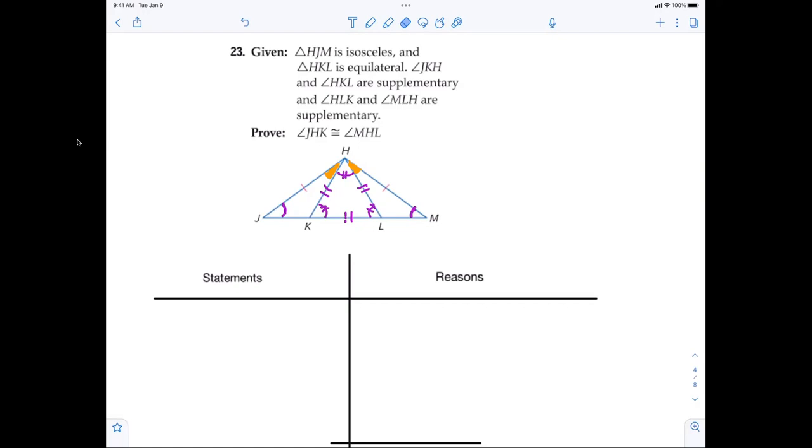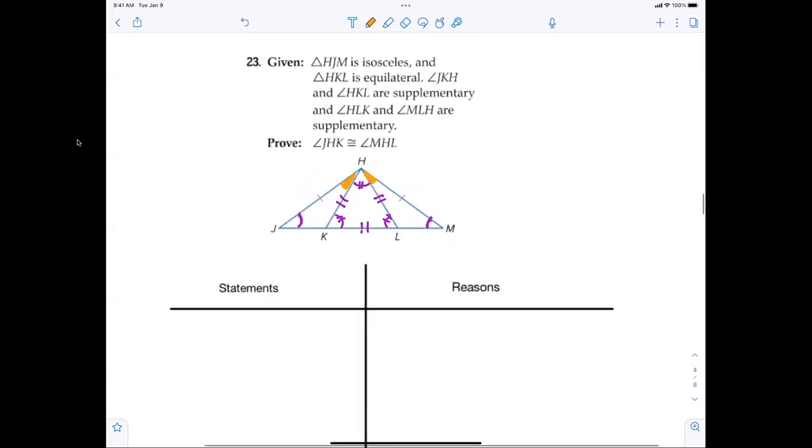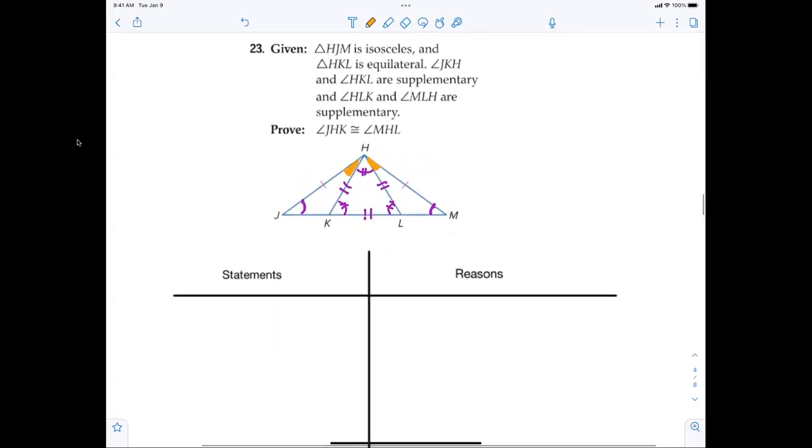So I need to somehow either prove JK is congruent to LM or angle HKJ is congruent to HLM. Does everybody agree with that? All right, so let's just write out what we know so far. Do I really care about the supplementary stuff? I don't really care about that. I think they should have left that out. All right. So what we can do is we can say this.